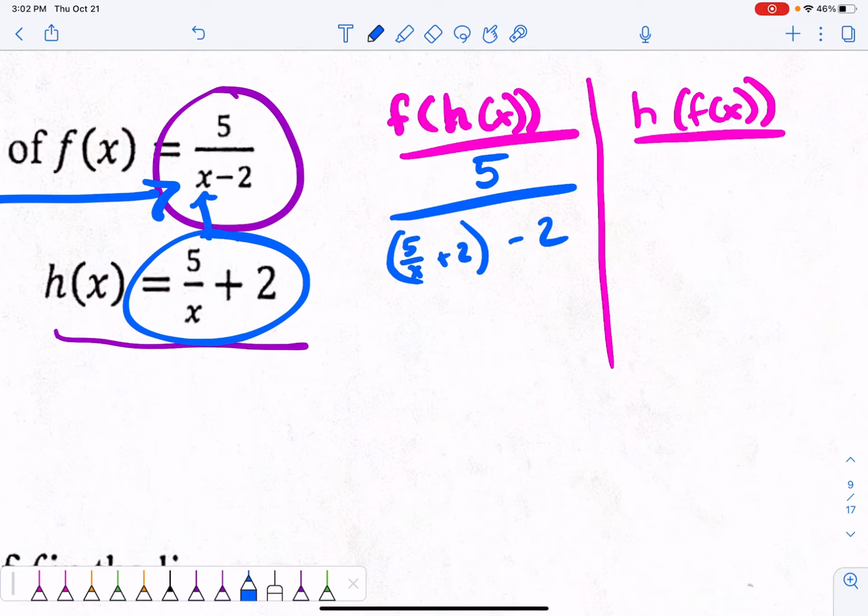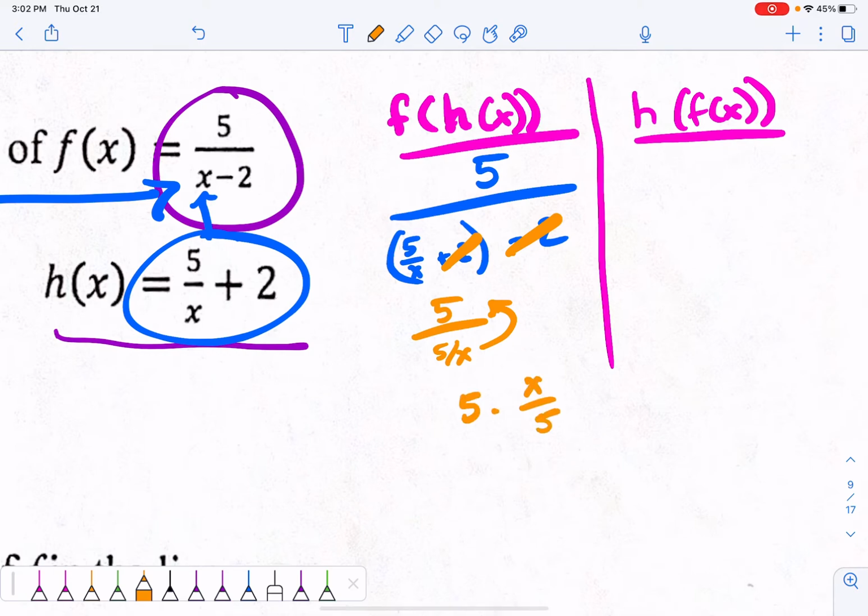When we simplify, the plus 2 minus 2 cancel off. So we have 5 over x, which we can keep-flip to the top. This is 5 times x over 5, which is really like 5 over 1. Those cancel, and we end up getting x, and that checks out.